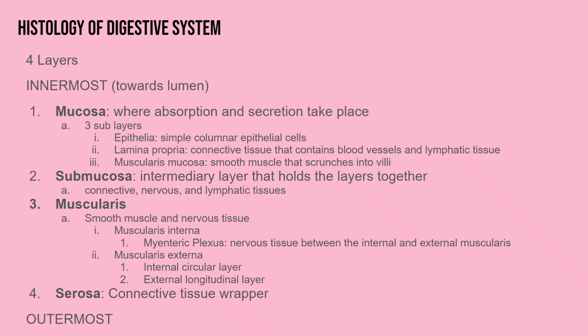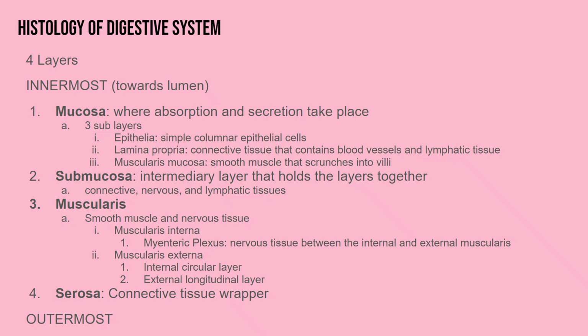You have 3 sublayers: the epithelia, lamina propria, and muscularis within the mucosa. And then there's submucosa, which holds the layers together, and it's made of connective tissue, nervous and lymphatic tissue. And then muscularis is smooth muscle and nervous tissue, and you have the interna and externa.